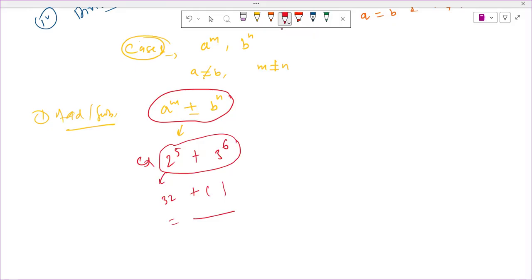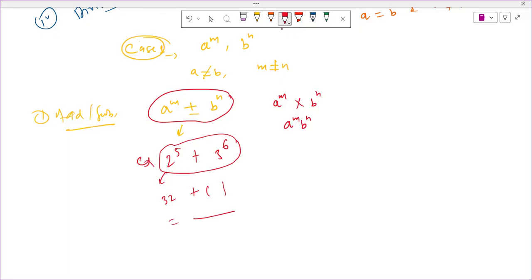I've taken a small example, but you can have larger numbers, where it would be very difficult to calculate. So please stop here if this is your first case. Even for multiplication, a to the power m into b to the power n, you just write a to the power m, b to the power n.